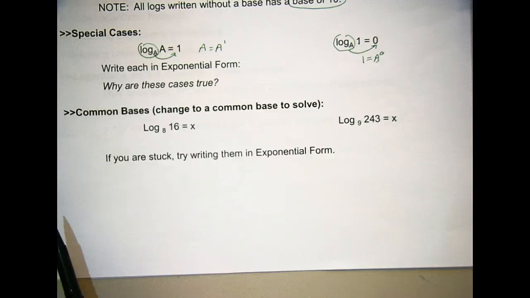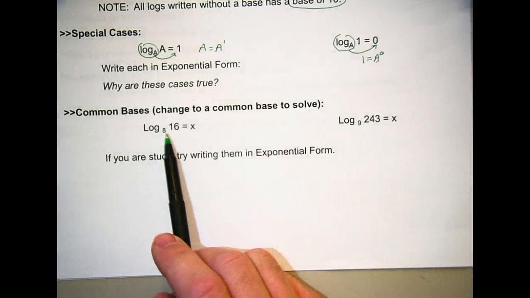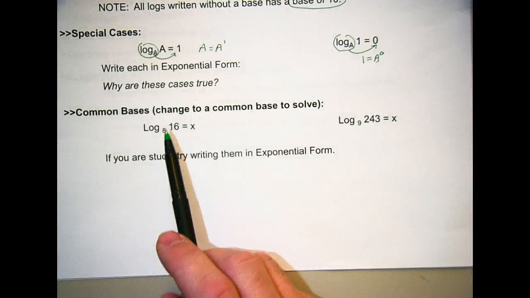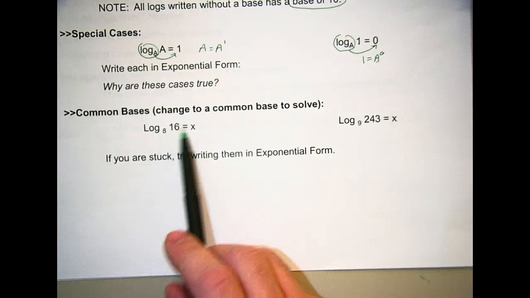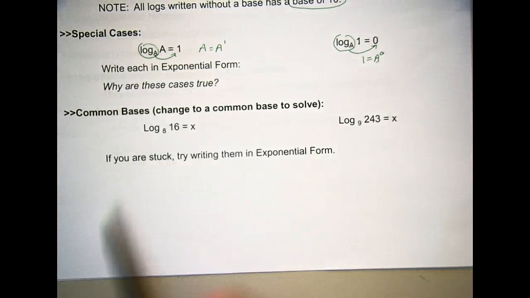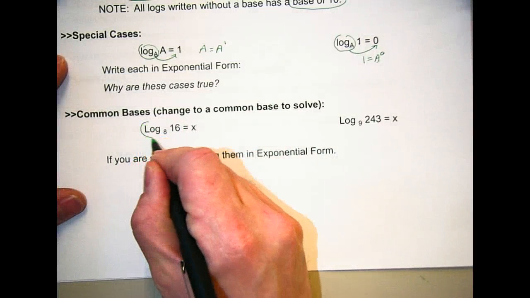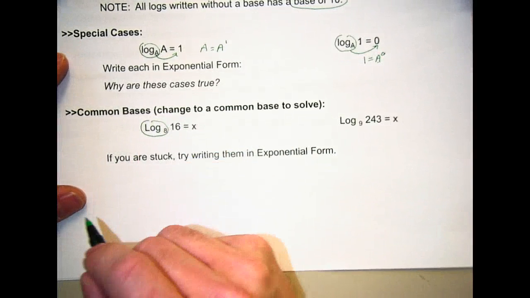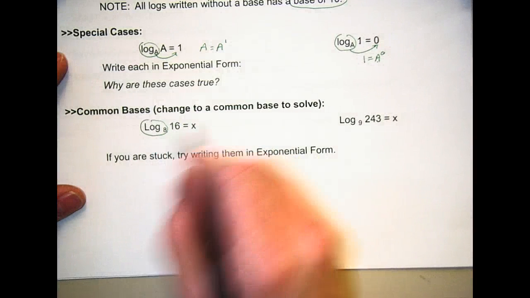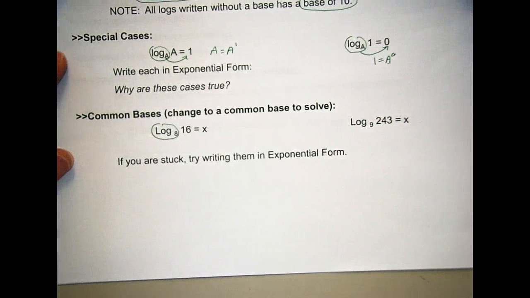Okay? Now, to change to a common base, we want to start recognizing that 8 and 16 can both be changed to a common base. Okay, the way we're going to do that, first I'm going to rewrite this in exponential form. So right now I want you to rewrite this in exponential form, please.